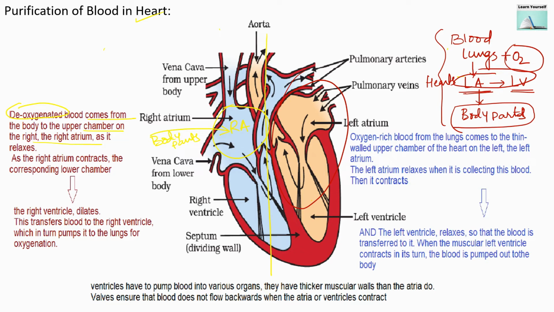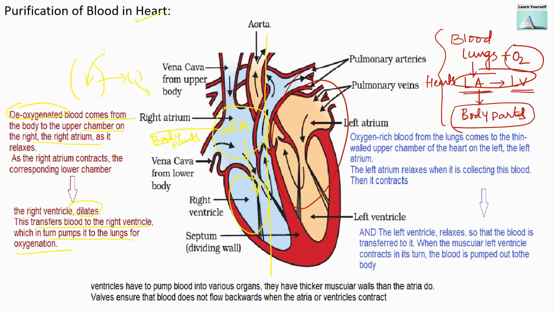Once it receives the blood, it will relax. So blood will come into it and then it will contract, it will shrink. So blood will go out. Now that blood will come to the right ventricle, from right atrium to right ventricle. This transfers blood to the right ventricle, which pumps it to the lungs for oxygenation.